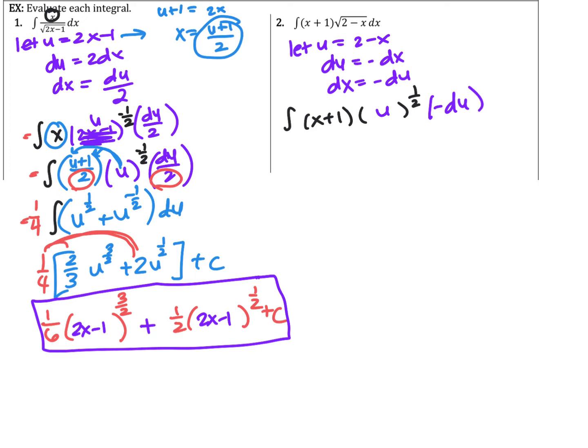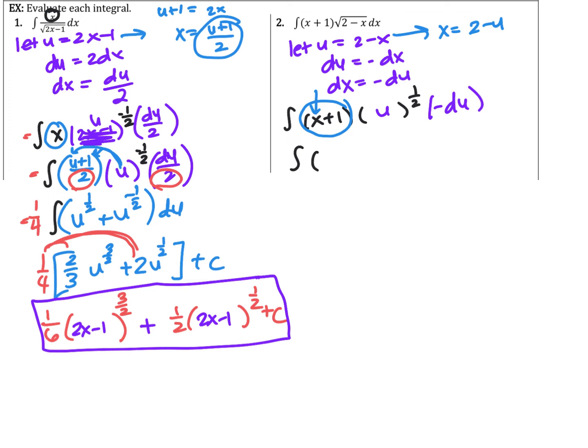So again, there isn't anything that is allowing me to get rid of this x plus 1, so I need to go back to my u and solve for x in that u statement. If I subtract 2 and then divide by negative 1, I'm going to get that x is equal to 2 minus u. So I'm going to substitute that in just for the x piece here.